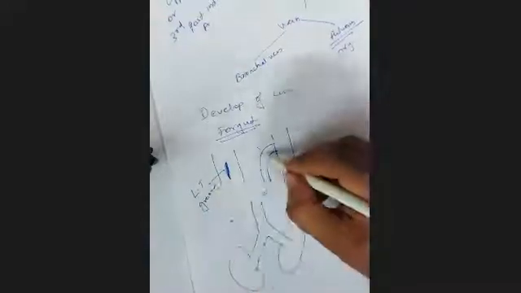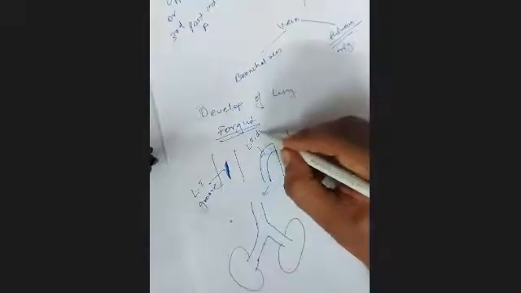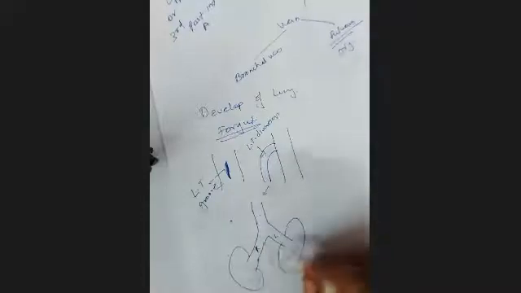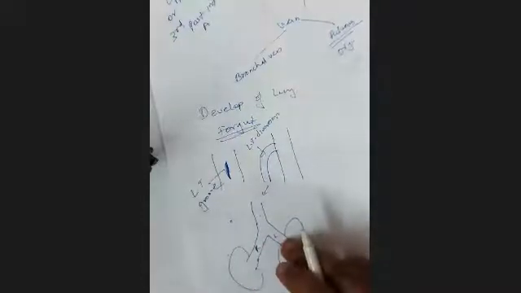This laryngotracheal diverticulum goes and divides into the right and the left bronchi, and then there are lung buds. These lung buds develop into lungs.